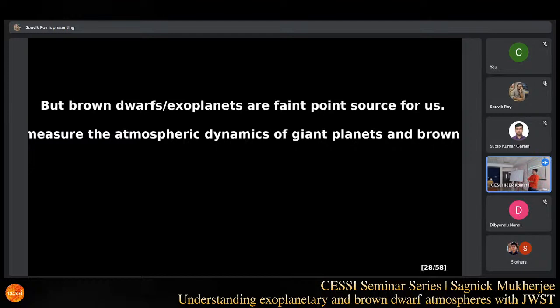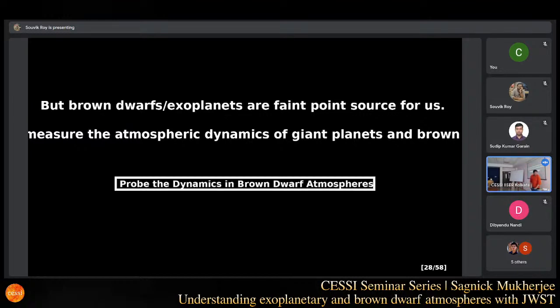They are a point source to you. So you can never resolve their disk and look at all these vortices and eddies. Then how do we study dynamics in brown dwarf and exoplanet atmospheres? That brings me to my project, which is to probe the dynamics in brown dwarf or planetary atmospheres.